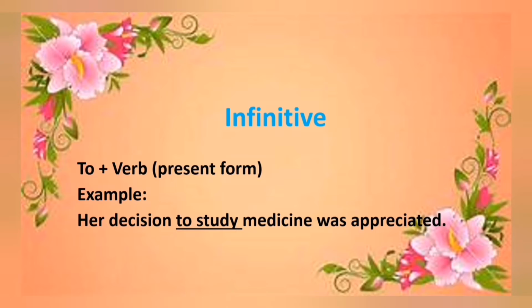When we use the word to before a verb in a sentence, we are using the infinitive verb form. However, an infinitive does not act like a verb at all, but rather takes on the role of a noun, adjective, or adverb in a sentence. For example, her decision to study medicine was appreciated. Here, to study medicine is the post-modifier of her decision.